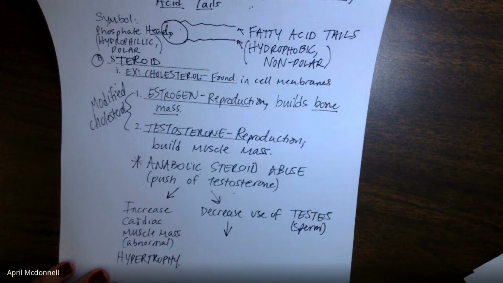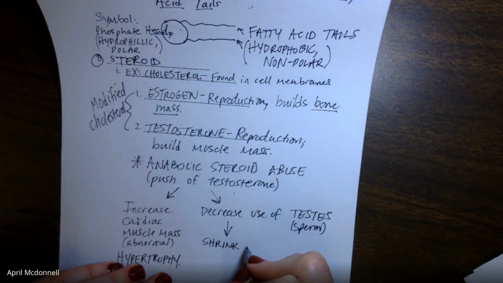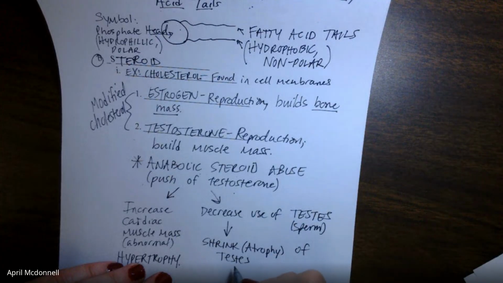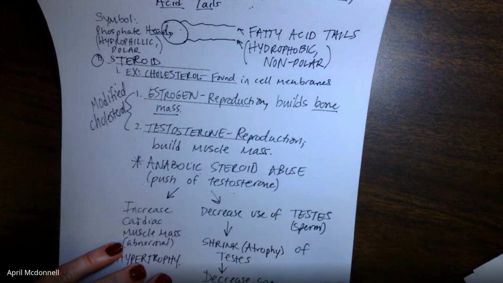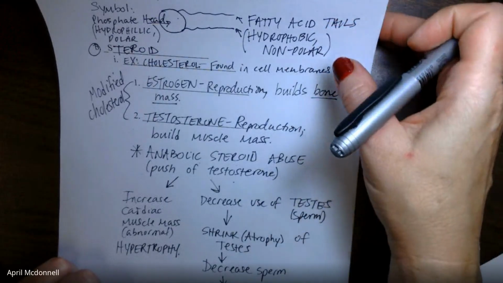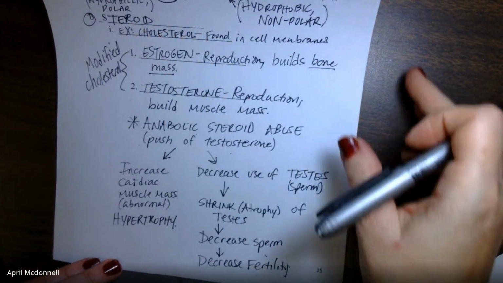And anytime you are decreasing the use of any type of organ, you are at risk to shrink that organ, which is called atrophy. This is also going to decrease the production of sperm, which could lead to decreased fertility.